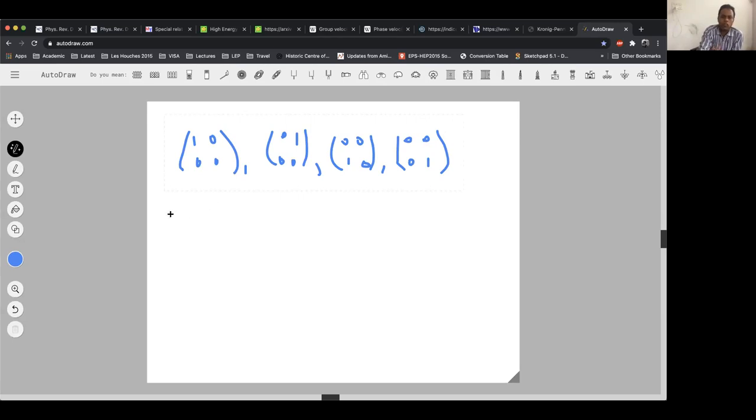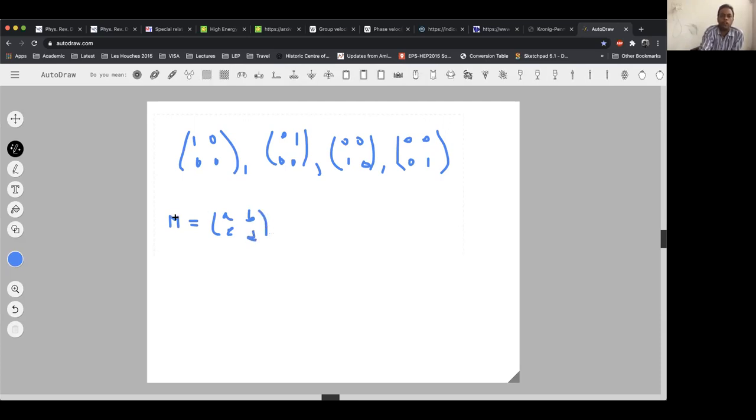Any arbitrary 2 by 2 matrix M can look like this: A, B, C, D. If it's a complex matrix, then the entries will be complex. This is an arbitrary 2 by 2 matrix, right?